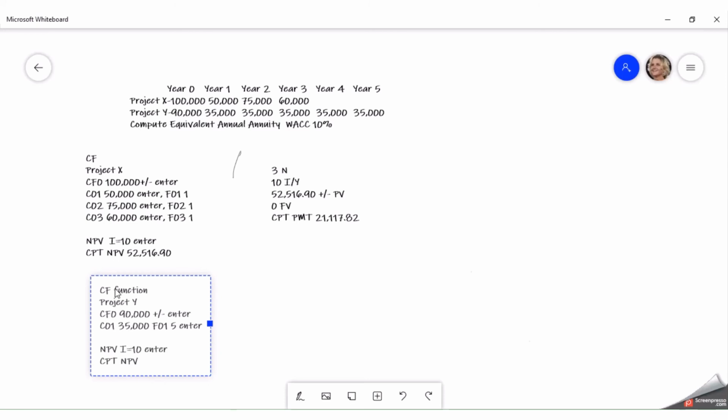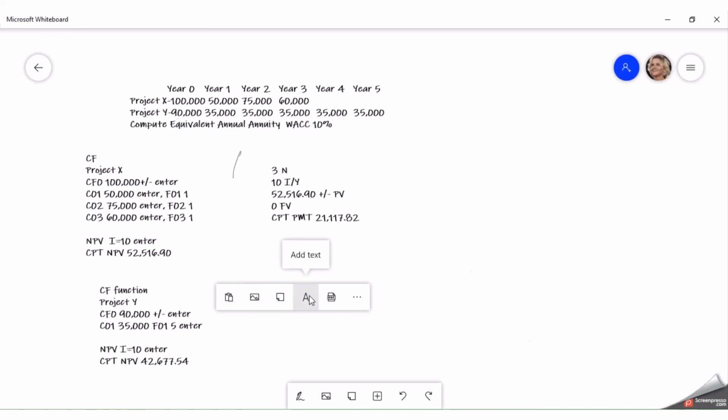Again, you can always go into the cash flow button, hit the second menu and the clear work, and it'll make everything go 0. Okay, your I is equal to 10 over in our net present value button, arrow down and compute, and we get 42,677.54.